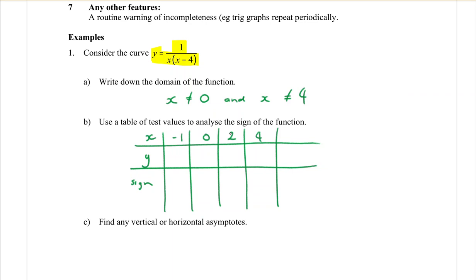I chose 2 because it was right in the middle, but you can choose something else. And above 4 is 5. Okay, for the 0 and the 4, the value of y is non-existent, which means I'm putting in little stars in here saying they do not exist here.